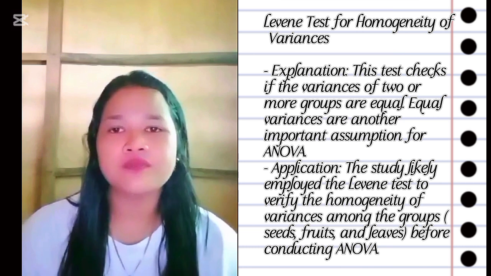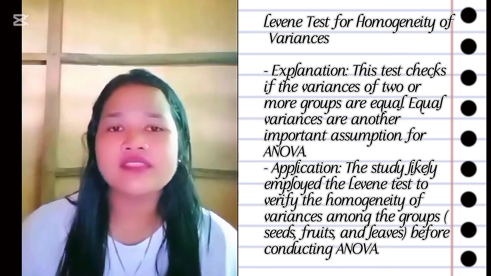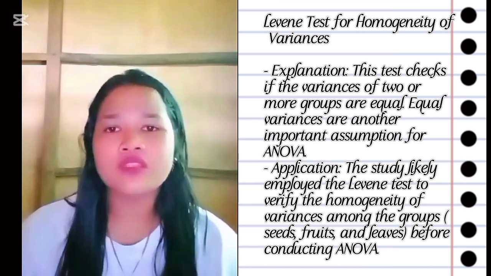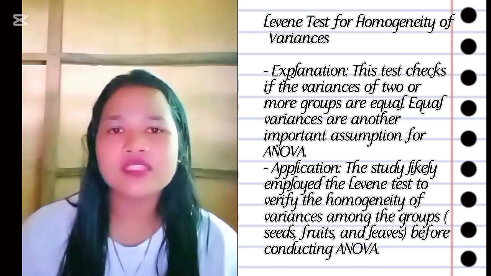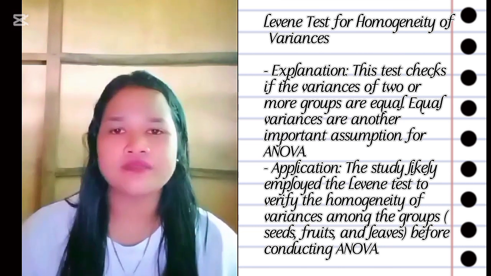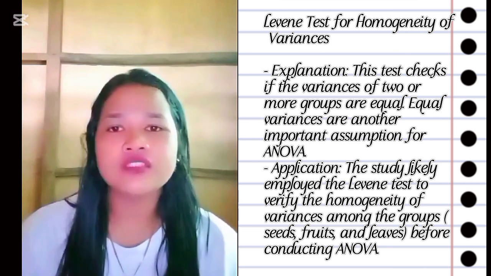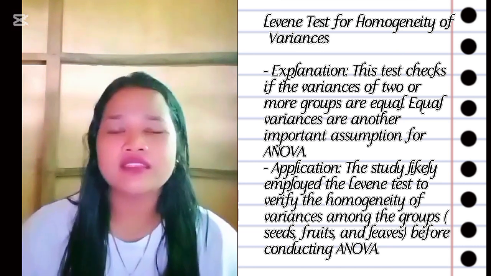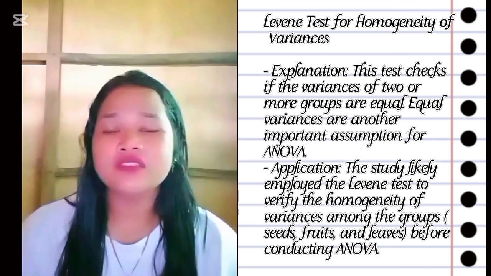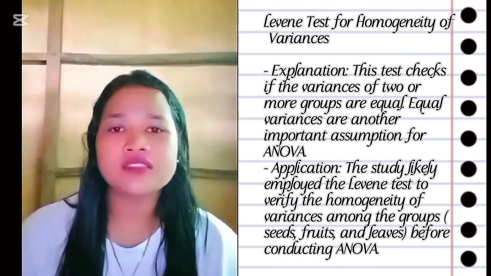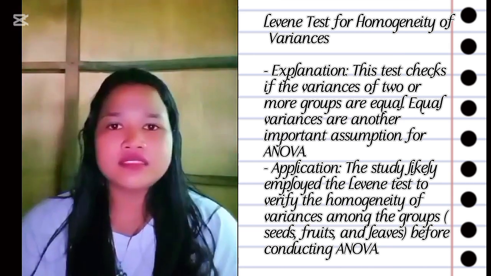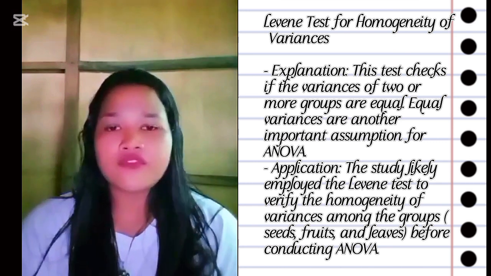Visualize relationships: PCA provides insight into the relationships between the different nutrients within each organ, revealing patterns and key factors influencing the composition. Ensure data validity: the Ryan-Joiner and the Levene test confirm that the data meet the necessary assumptions for the statistical analysis, ensuring the reliability of the findings.